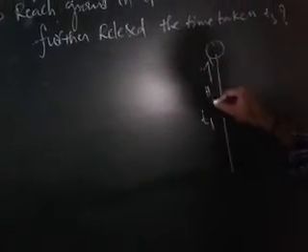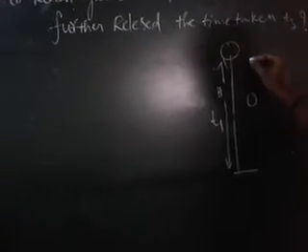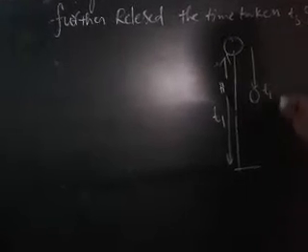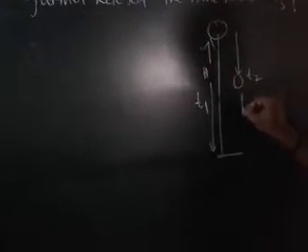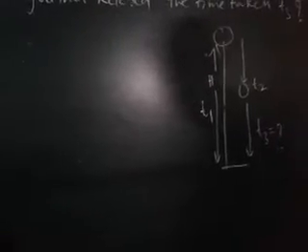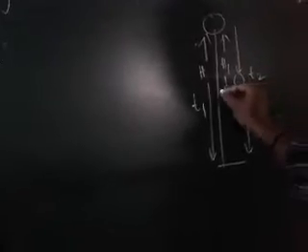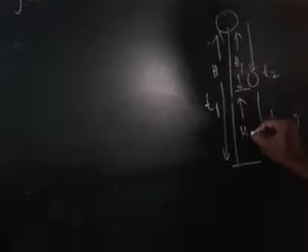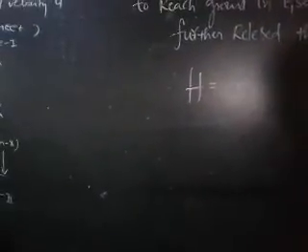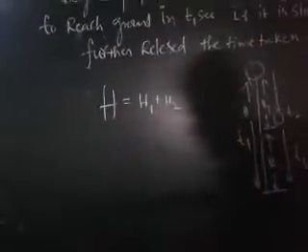If it is stopped after t2 seconds and then released further, find the further time taken t3. The stone is dropping, and the total height is h. If it is stopped after time t2 and then released, the further time taken is t3. So this is h1, this is h2, therefore total height h is equal to h1 plus h2.